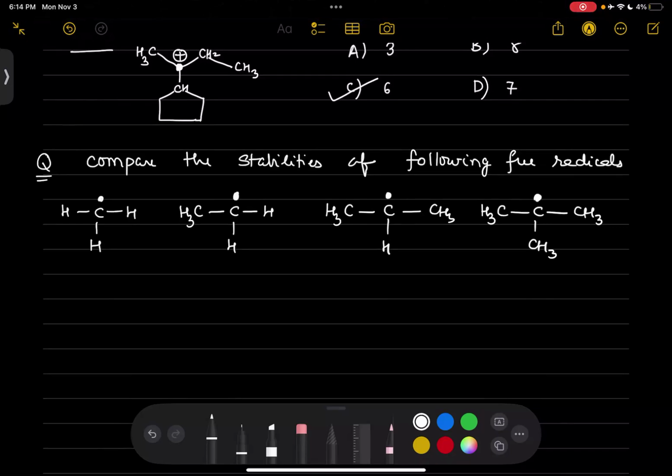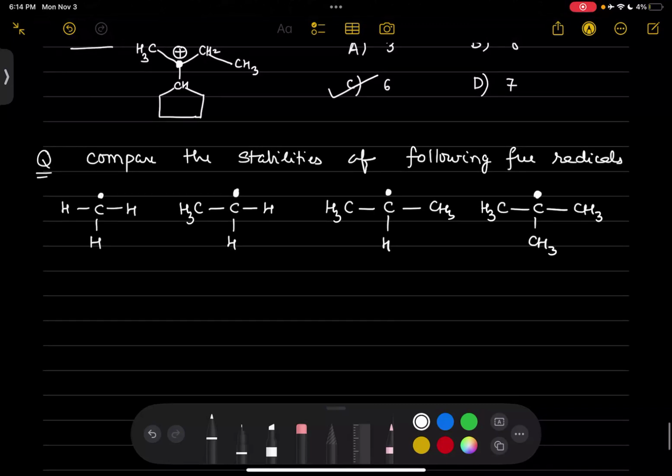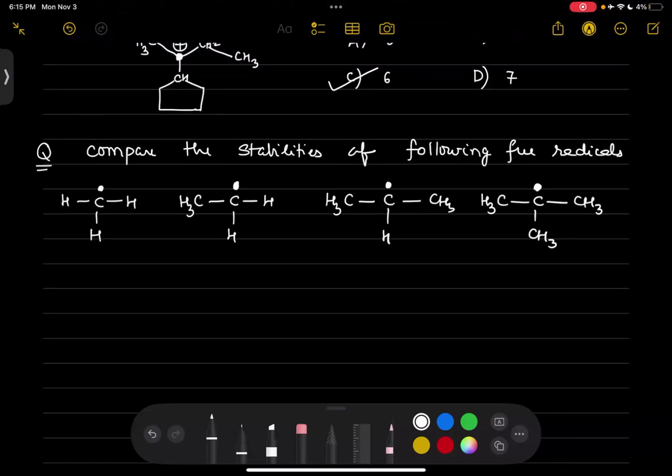What type of bond cleavage leads to the formation of free radicals? How are they formed? First, tell me in a simple way how they are generated.